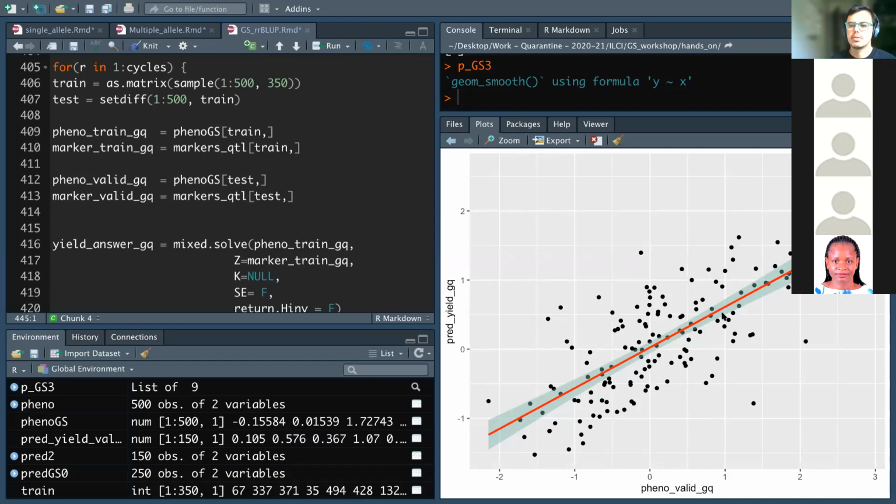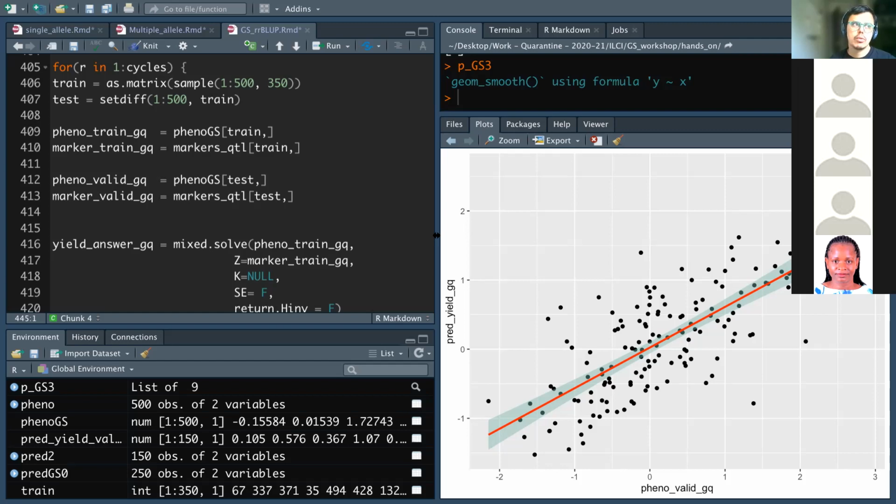But that is not so real, because it's really difficult to detect all the QTLs that control quantitative traits. So in theory it's possible, and that's why I wanted to show this option here, but it's really difficult to detect all the QTLs.